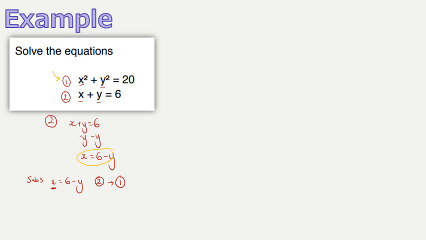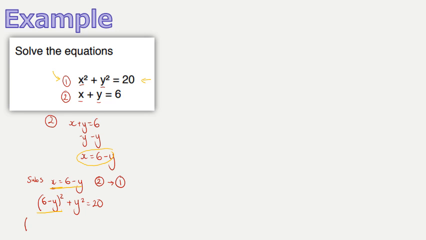So instead of x squared, it's now going to be 6 minus y, all squared, plus y squared equals 20. So that equation 1 has changed from x squared to 6 minus y squared, because that's what we said x was equal to, plus y squared equals 20. That's the first step, and now I'm going to have to expand that bracket out.